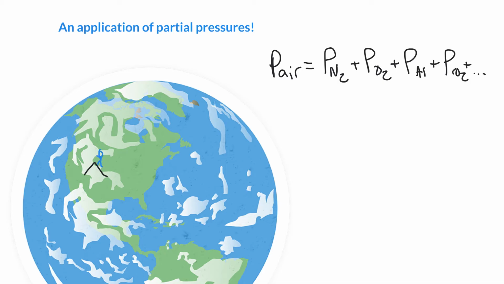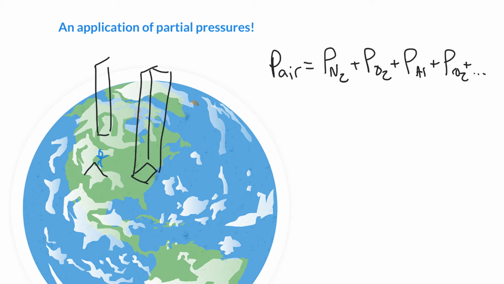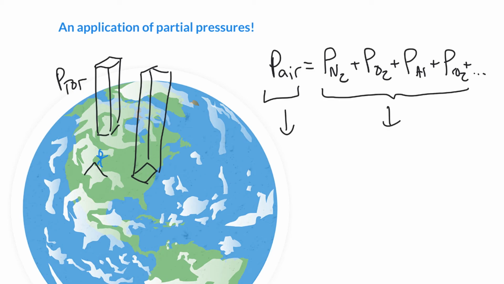We're up pretty high. And it turns out that air pushing down on you is what gives rise to air pressure. And the thing about climbing up a mountain is that there's less air above you. And so the total pressure is much smaller when you're at the top of a mountain. So it means that all these partial pressures have to be smaller too.